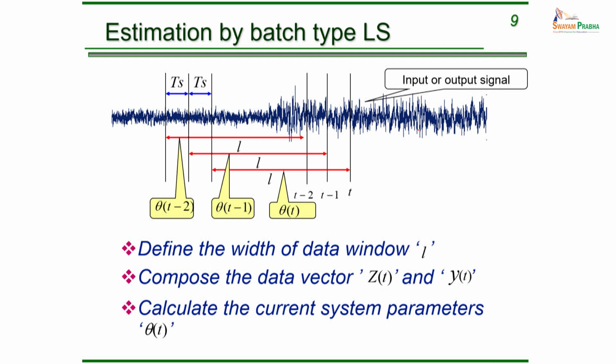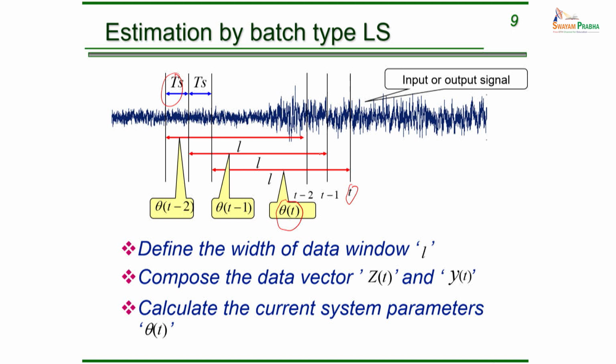I'll apply a batch least squares algorithm. Here is our sample time, Ts. Based on the current time t, we would obtain an estimate of the data that we call theta hat of t.